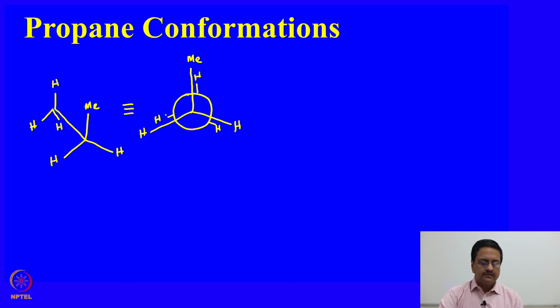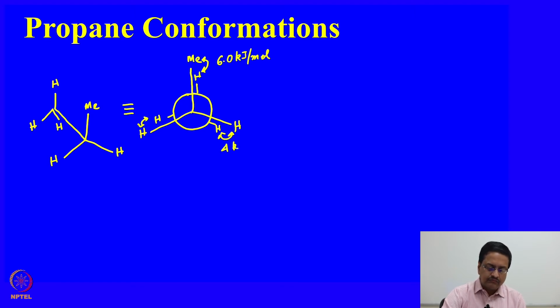So, in this particular conformation, there is a torsional strain that appears because of the methyl and hydrogen being eclipsed, and that torsional strain results in 6 kilojoules per mole of destabilization energy, while as usual, like in the case of ethane, for these 2 hydrogens the torsional strain is 4 kilojoules per mole for each of them.